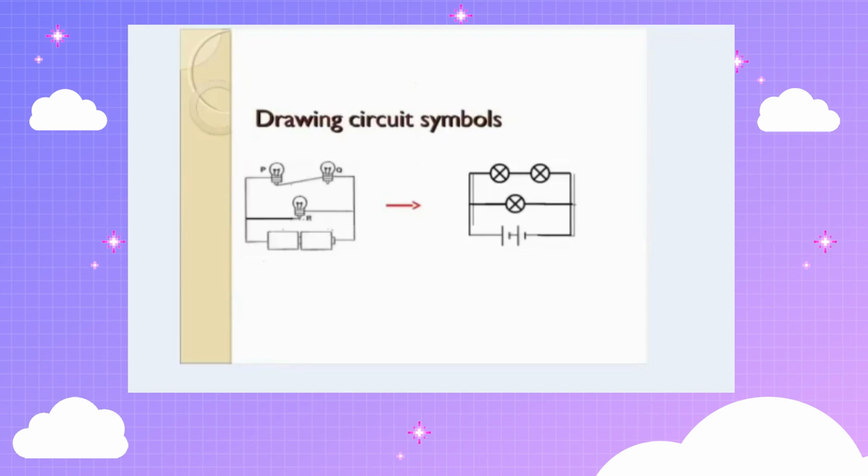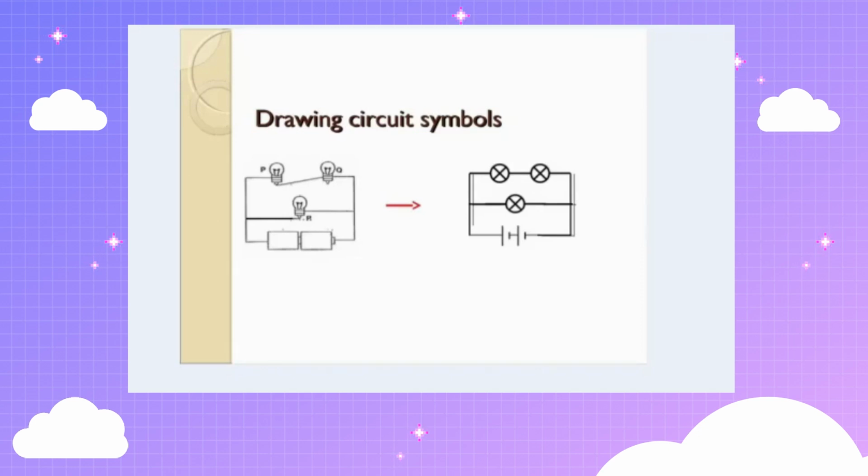So this is really easy. In the paper you get, they have given you a circuit and they say draw the symbols of it. As we have done in the previous slide, we have seen the symbols. Now you need to make the symbols. You need to learn these symbols and then you will be able to do them.